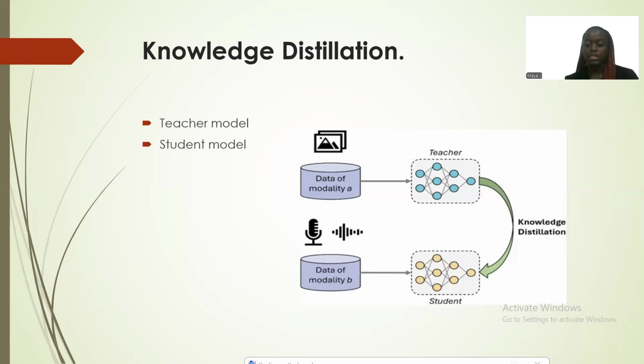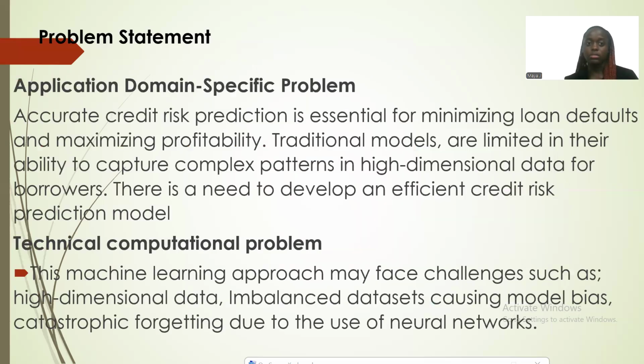Hello, my name is Mary Janet, and I'll take you through the rest of the project ideas. This is the problem statement and some of the application domain specific problems. We wanted a more accurate credit risk prediction system that can replace the traditional models that are there right now, because they have limited ability to capture complex patterns in high dimensional, huge data.